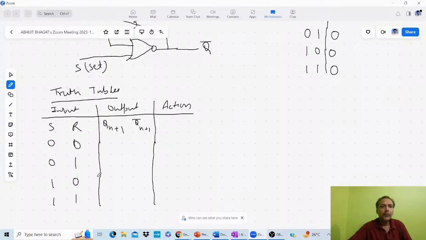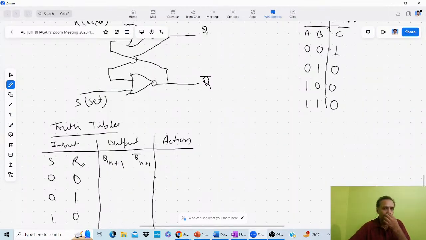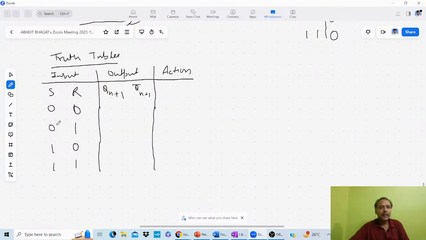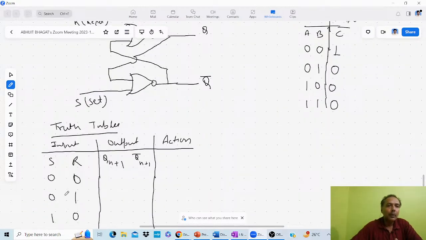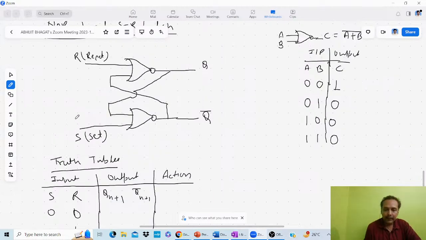Now suppose first we consider this 0 1. First we start with 0 1, then I will explain 0 0 next. Here your input is S is 0, R is 1.